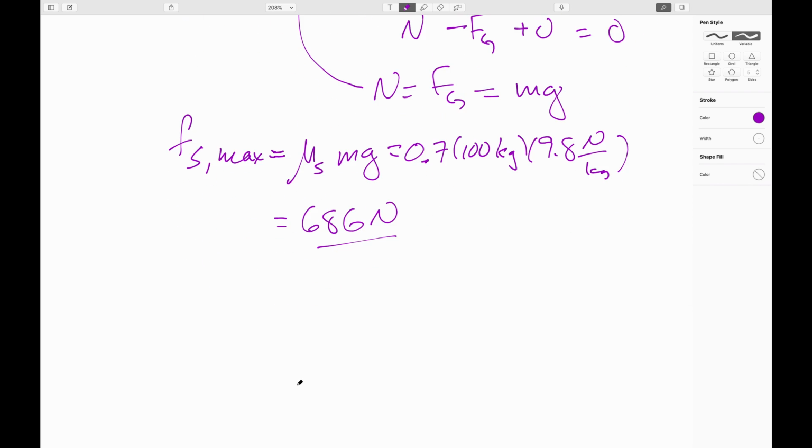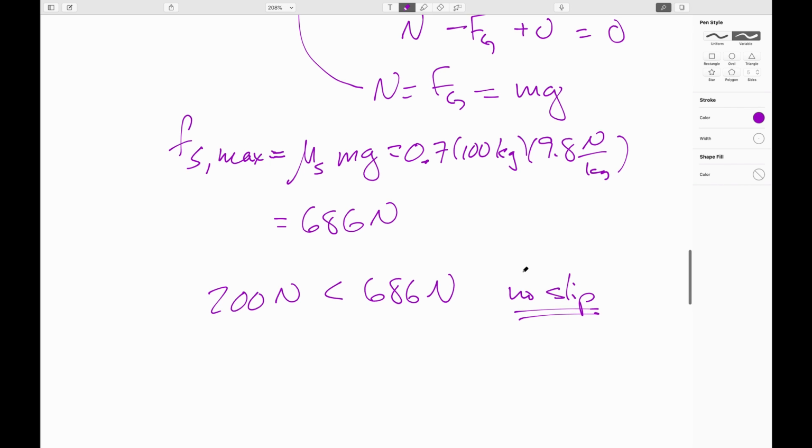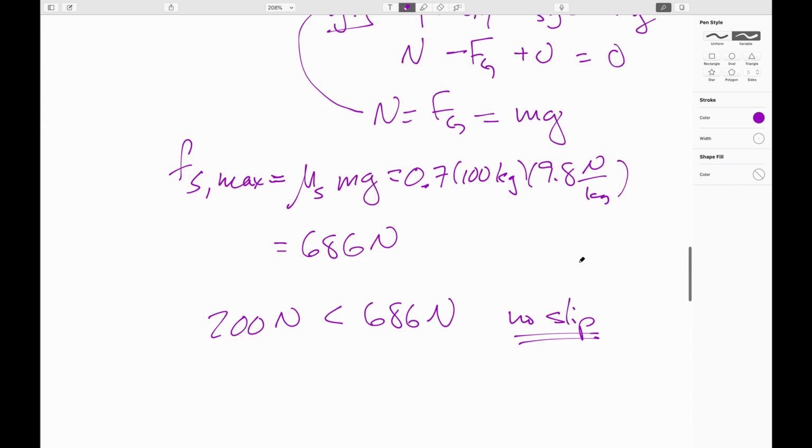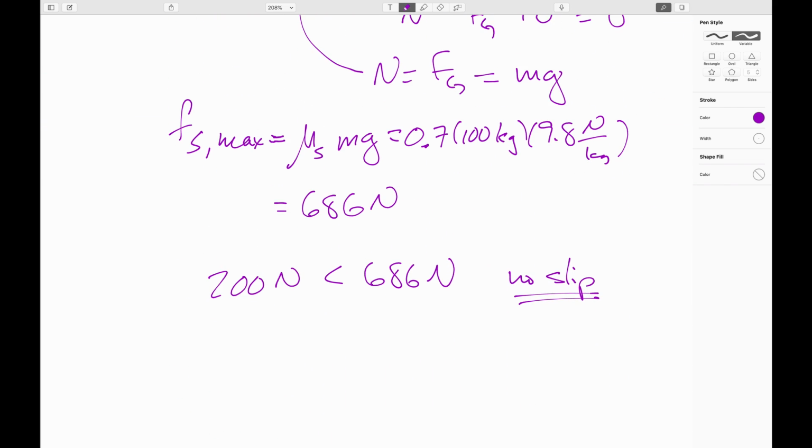The big deal here is that the force of static friction we found was 200 newtons. That's less than 686 newtons. So we can conclude that the box, in fact, does not slip, and that the force of static friction on it is indeed 200 newtons. So that's how you attack something like that.